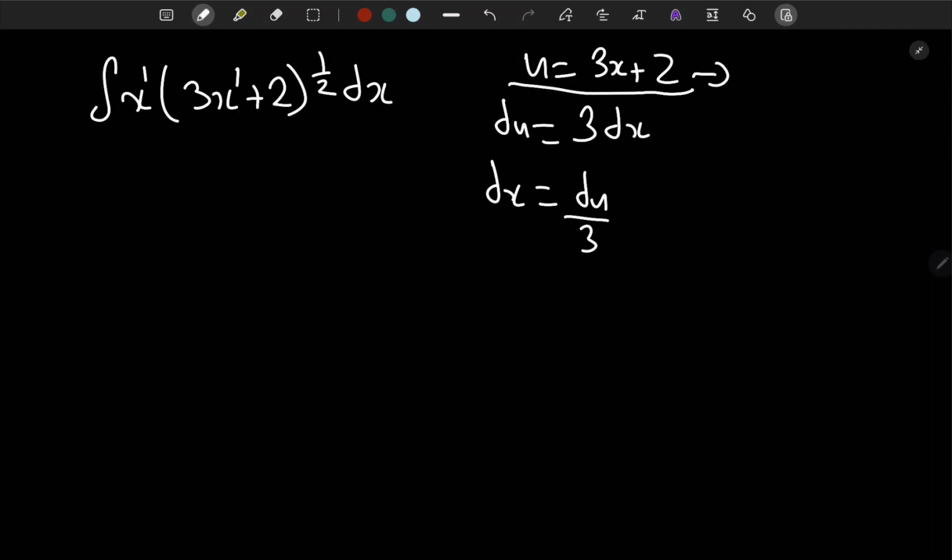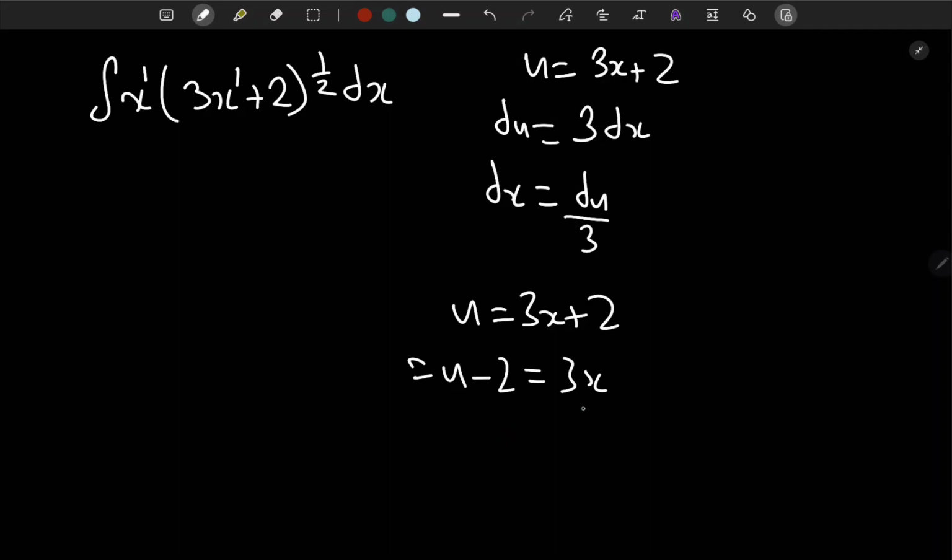So u is equal to 3x plus 2. We can bring the 2 to the other side, so u minus 2 is equal to 3x, and now we can bring the 3 to the other side, divide both sides by 3. So u minus 2 over 3 is equal to x.